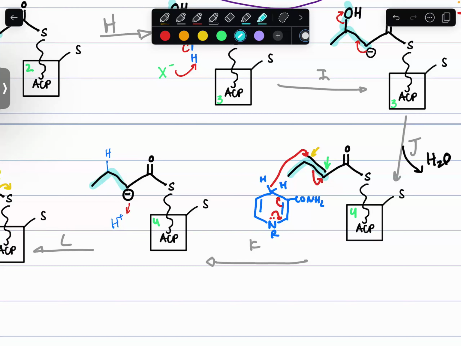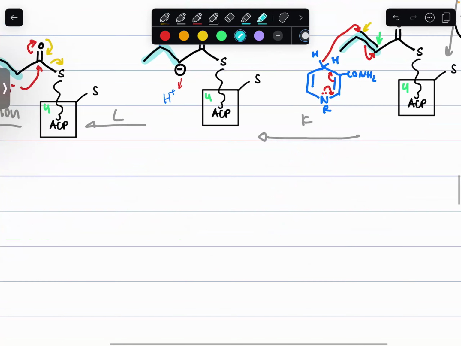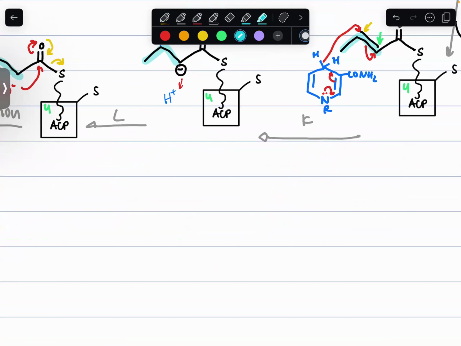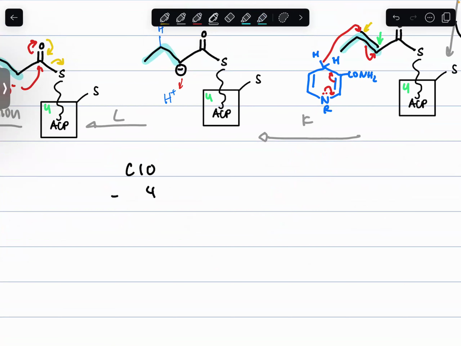So whatever, like if it's C10, what comes initial? It'd be 6. Hold on. C10 minus 4 from the initial round, and that took 2 NADH.